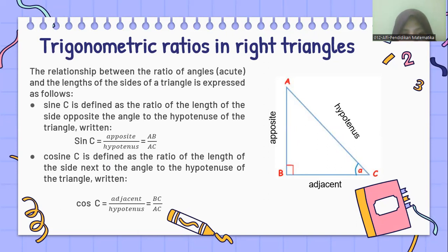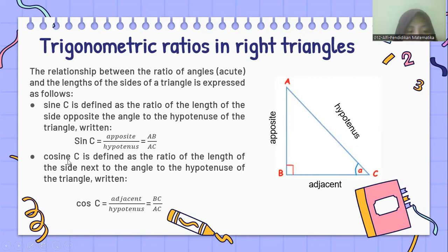Written: sin C equals opposite over hypotenuse, or line IB over line IC.